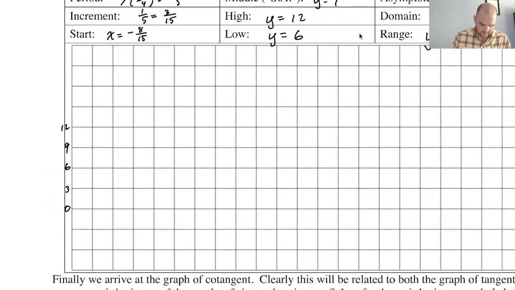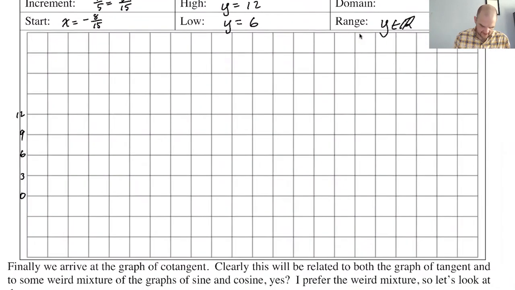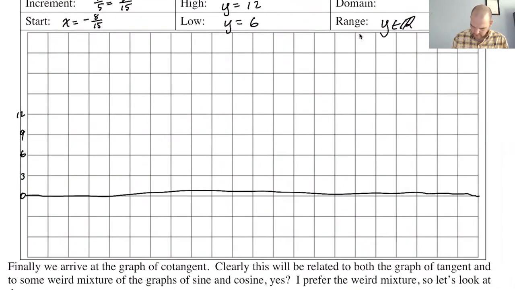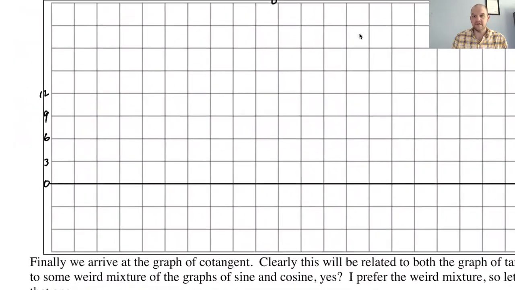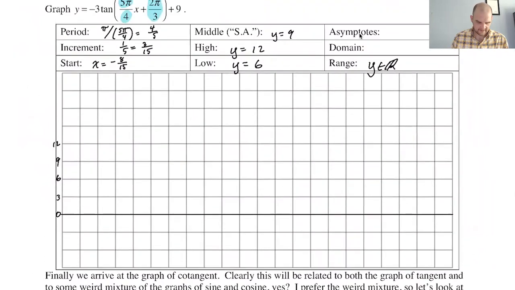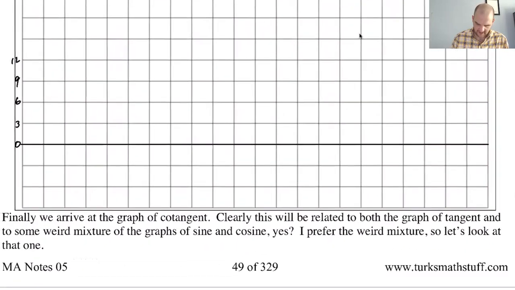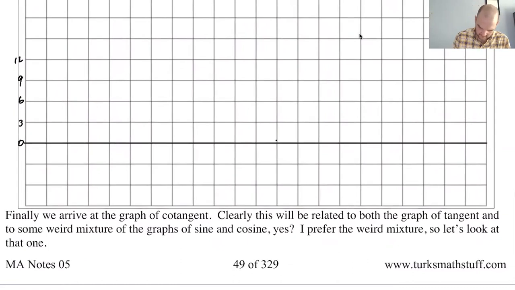So what I'm going to do is put in my x-axis. Nailed it. Oh man, look at that. That's nice work. All right, starting point, negative 8/15. So you try for the middle as much as possible.